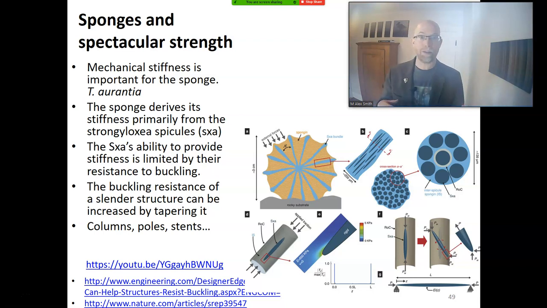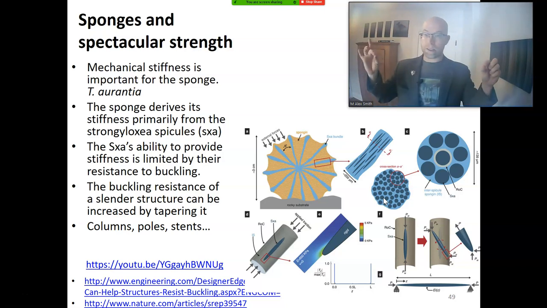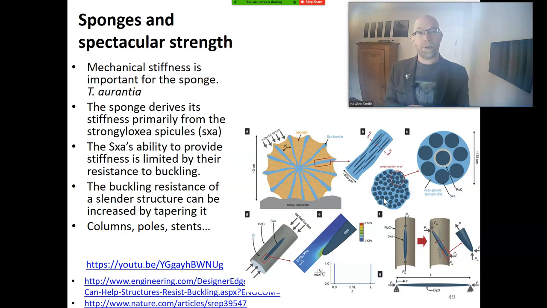What is this? These are engineering solutions derived from biological solutions. So these are looking at different cross sections of sponges and the different physical parameters of each one of these sponges. So you're looking at a cross section down here where there are individual components, spicules contained within spongin, that give the sponge its sponginess and allow it, in a long, slender structure, to be particularly stiff and rigid.